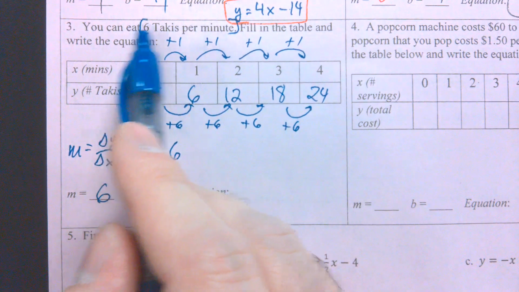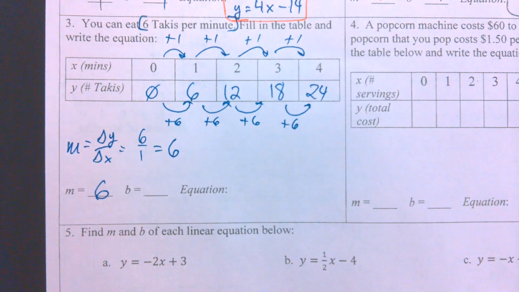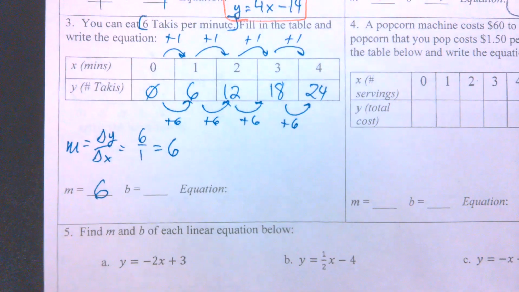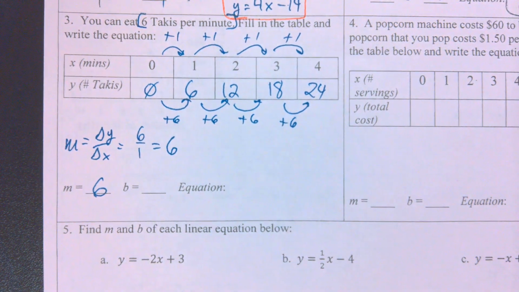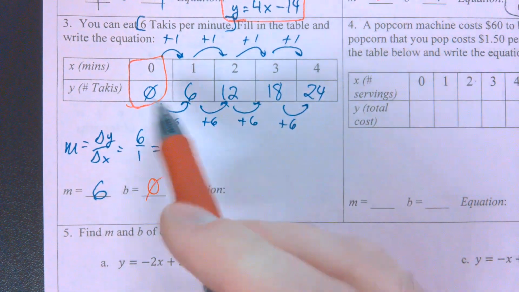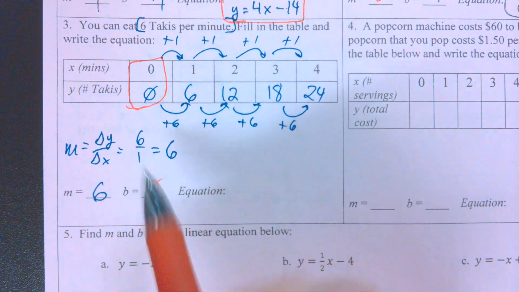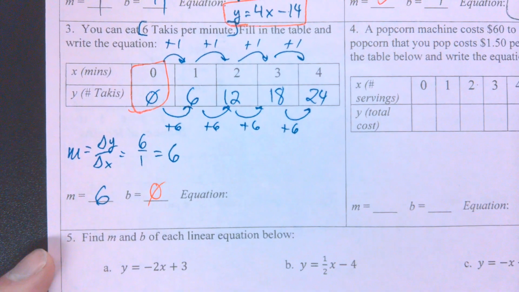So we know right away that 6 is going to be our m. That's our unit rate. But what's my b going to be here? What is b equal to? 0. We see on the table that an x value of 0 gives us a y value of 0. So b is equal to 0.